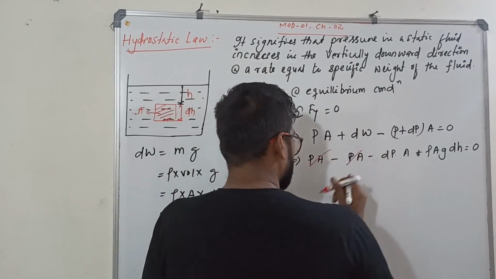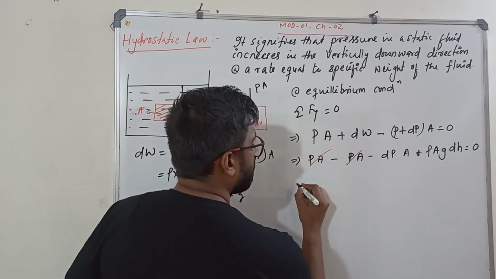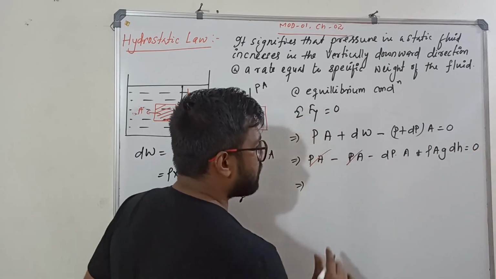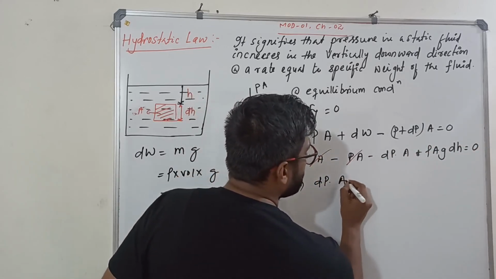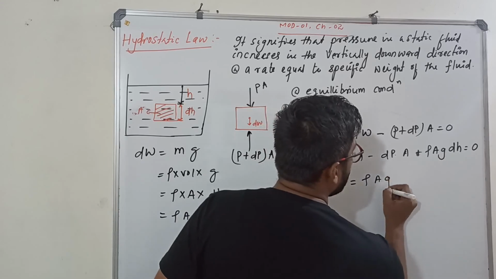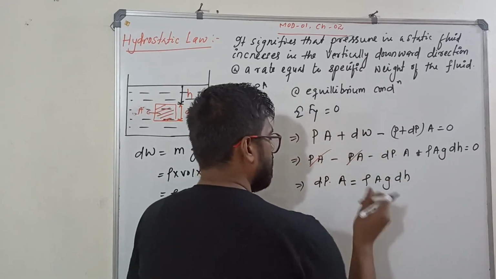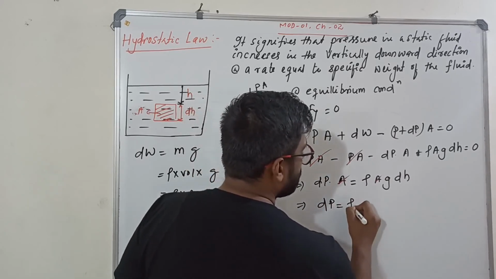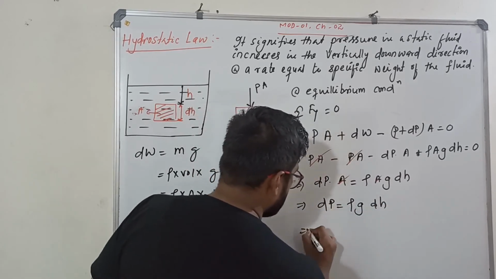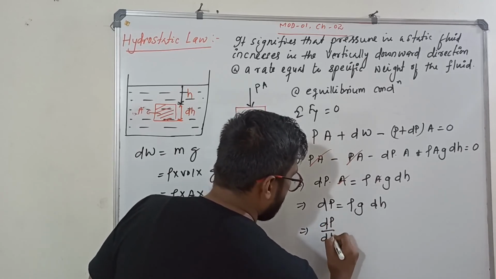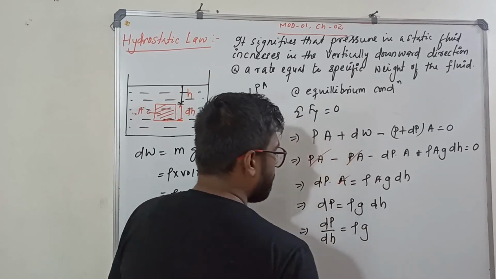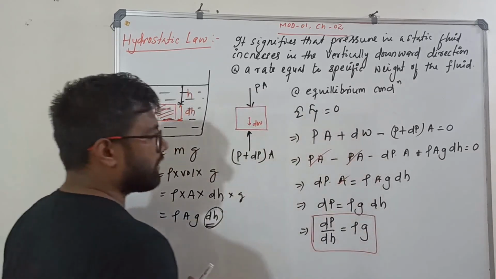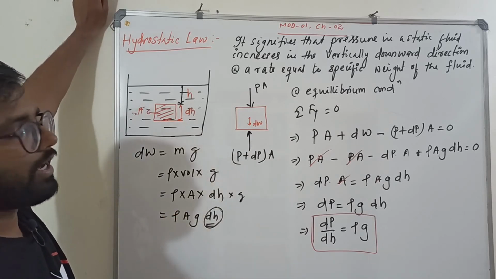PA is gone. Now take this on the right hand side and multiply by minus on both sides. So dP into A is equal to rho A G into dH. A cancels. So dP is equal to rho G dH, or dP by dH equals rho into G.